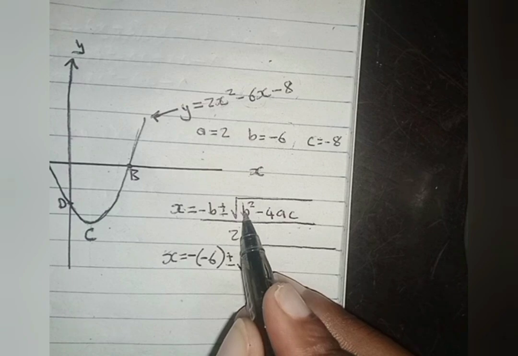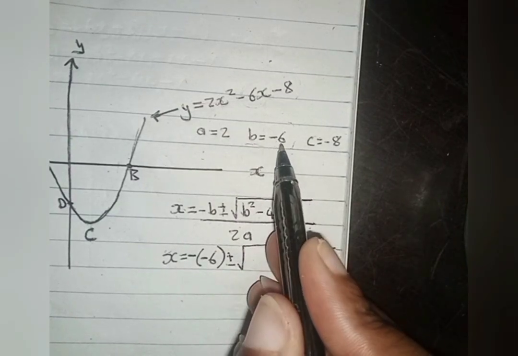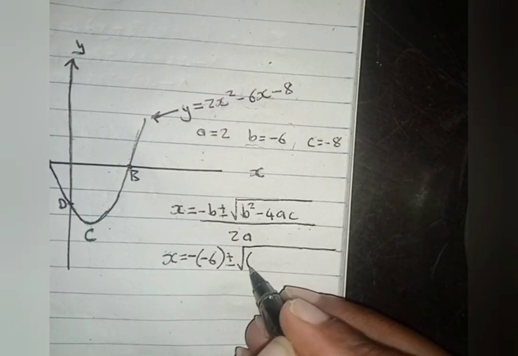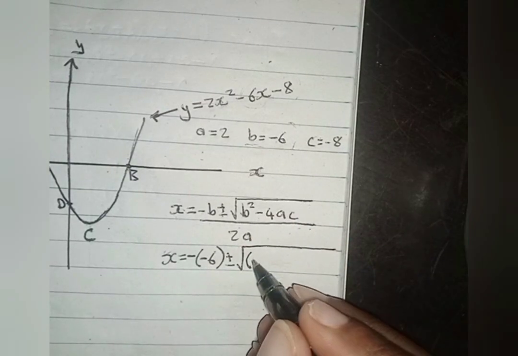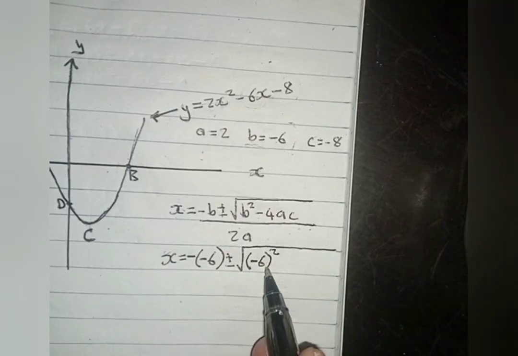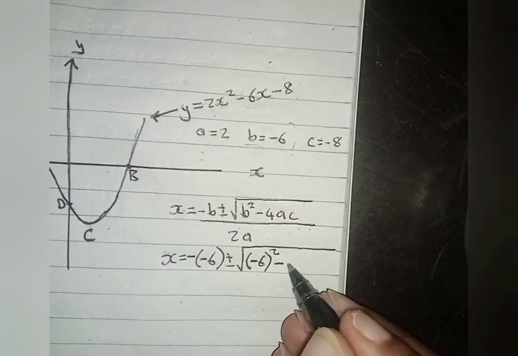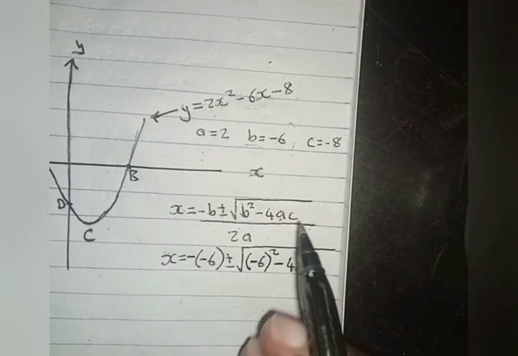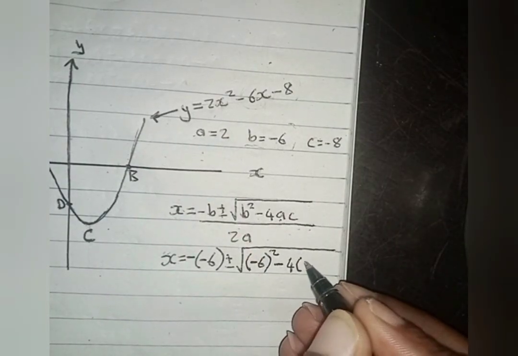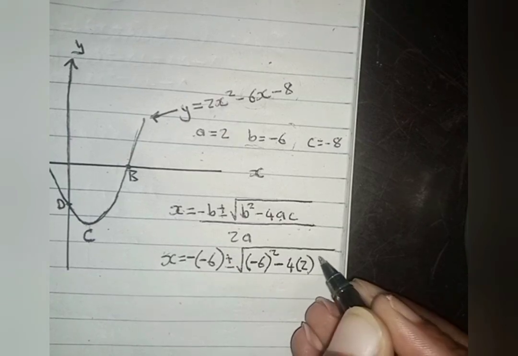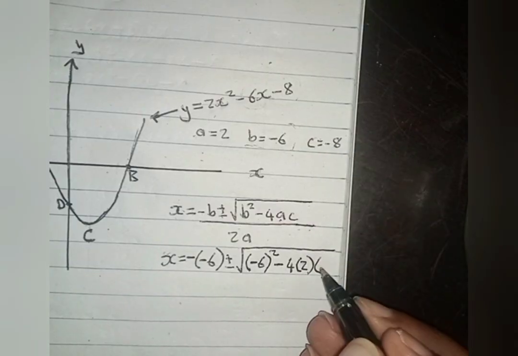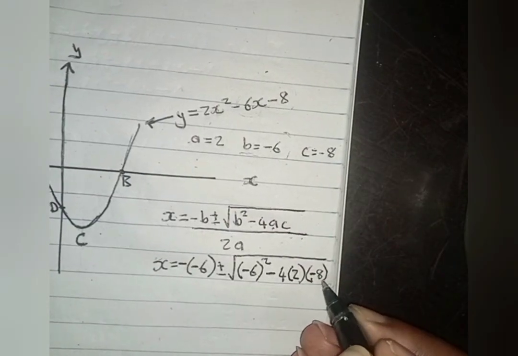Our b is -6, so where there's b squared, we open parenthesis and put -6 squared, like that. Minus 4. Our a here is 2, so we open parenthesis and substitute the 2. Then we open parenthesis, our c is -8. So together with the sign, we replace -8 like that.